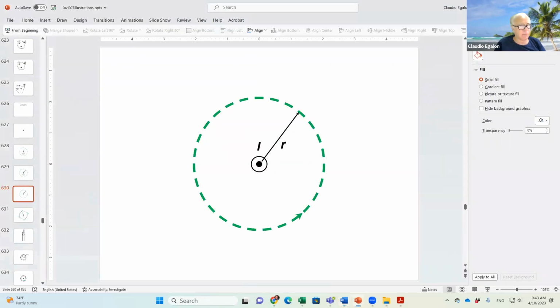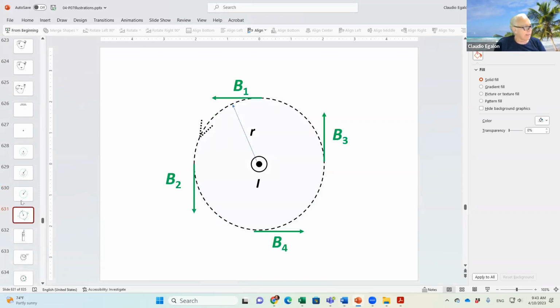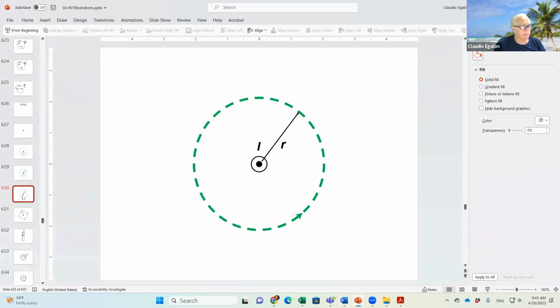And that's what I did here. The palm of my hand rotates in the counterclockwise direction, and my thumb points in the direction of the loop. It's advisable to do that. And now we go to the next step.